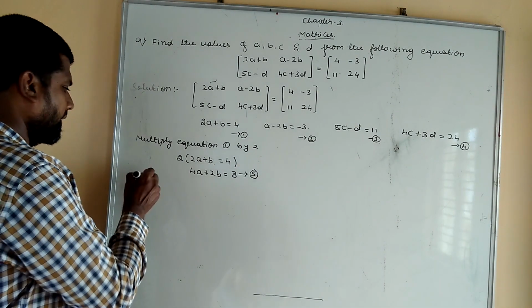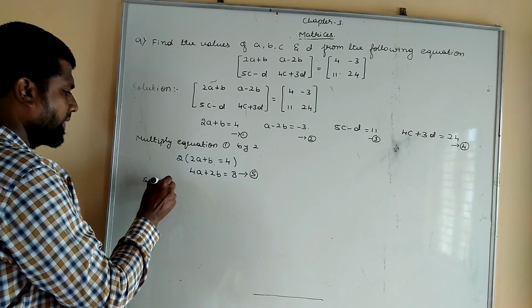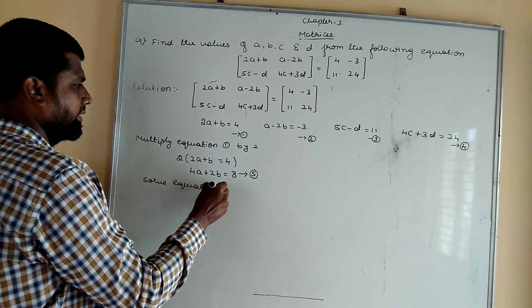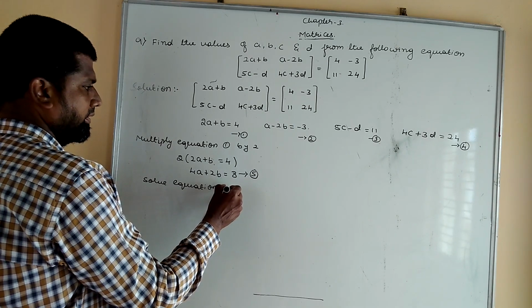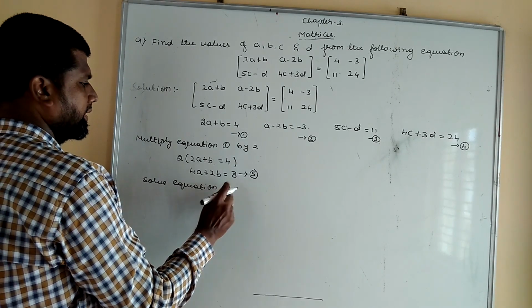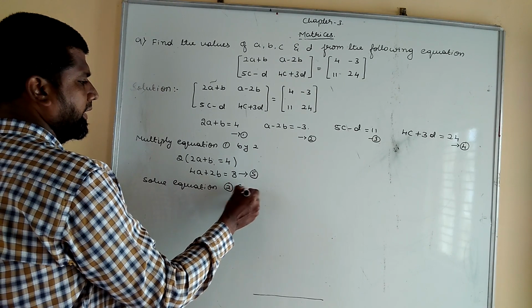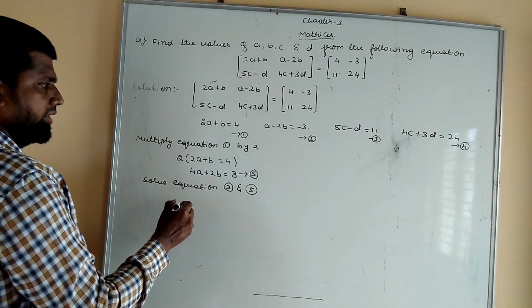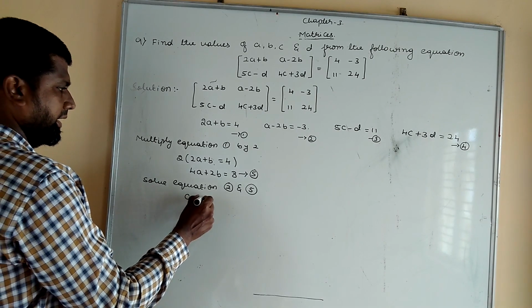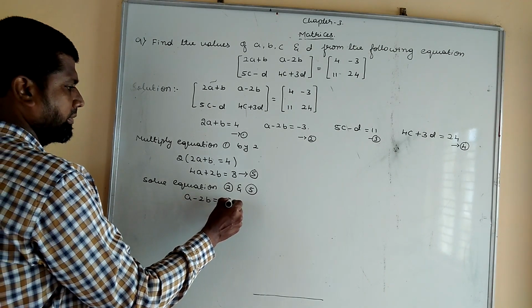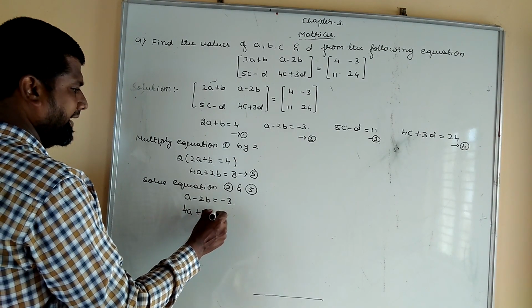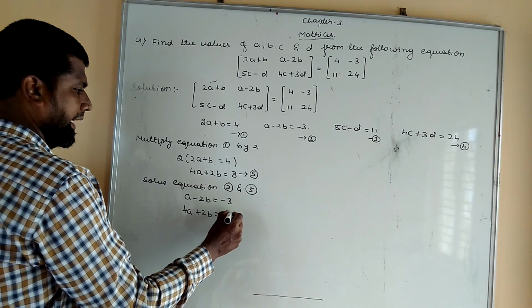Okay. Solve equations 2 and 5. Let us take equation 2: a minus 2b is equal to minus 3, and 4a plus 2b is equal to 8.